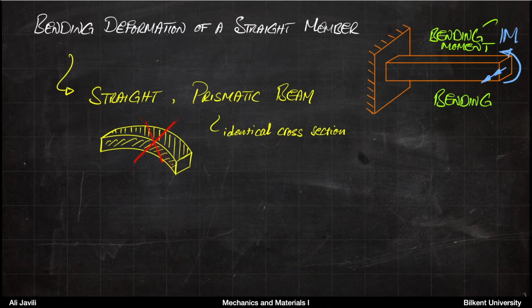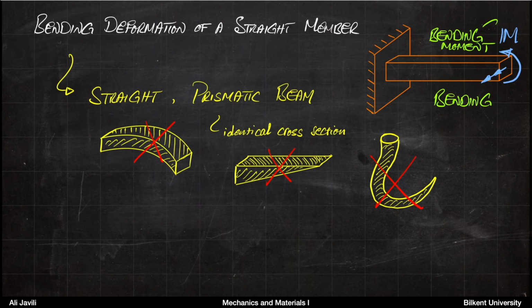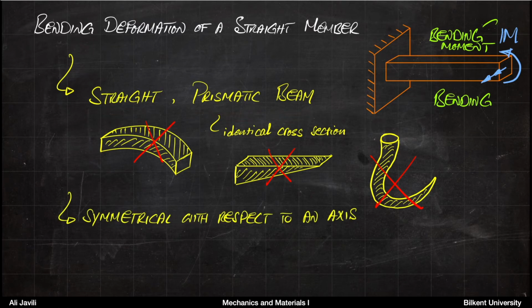We are not talking about the bending deformation of something like this, because now it's not prismatic. You can imagine that at different levels you have different cross sections. And we certainly are not talking about something like this, which is neither straight nor prismatic. Okay, so what we do is bending deformation for straight prismatic beams.